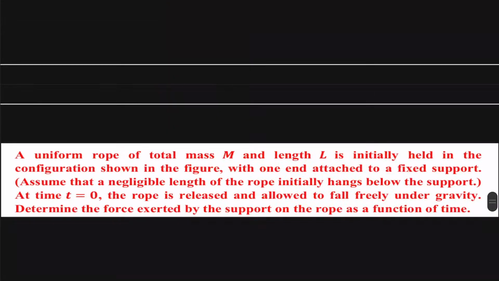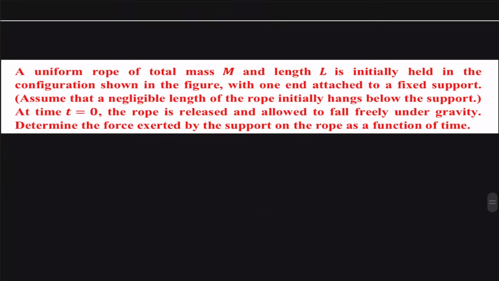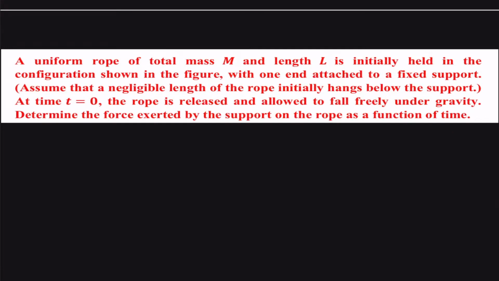Next question. So in this question we are given that a uniform rope of total mass m and length L is initially held in the configuration as shown in the figure.